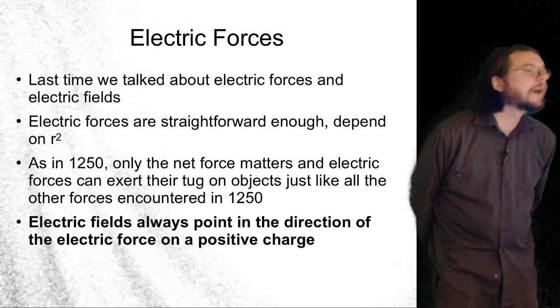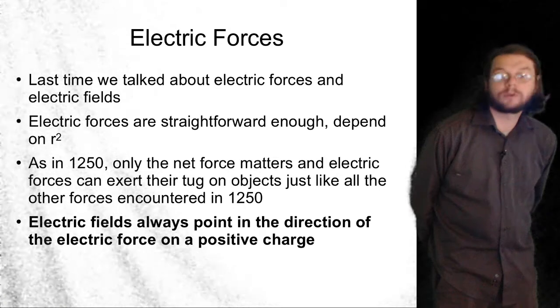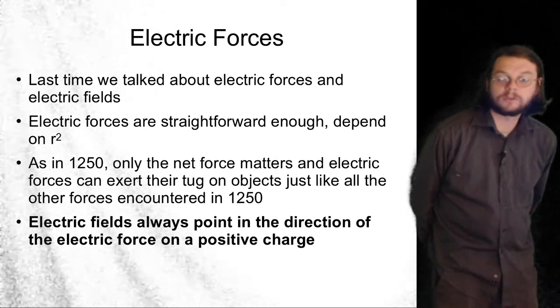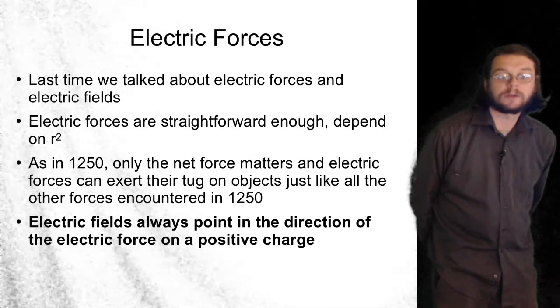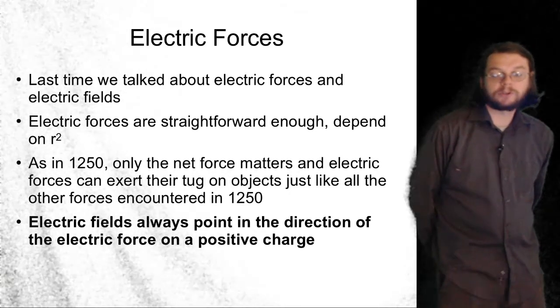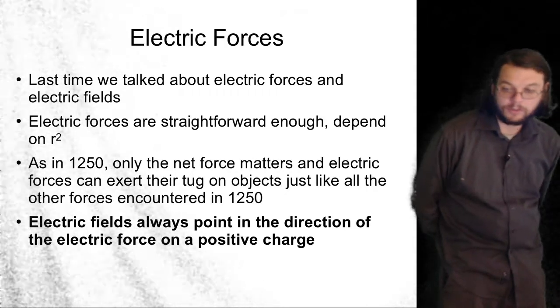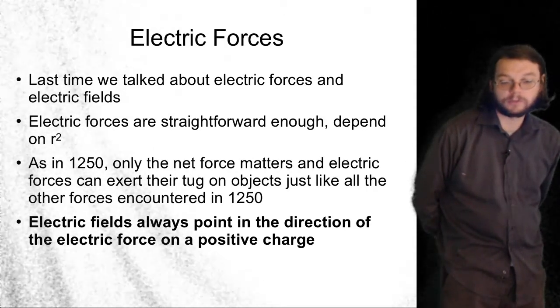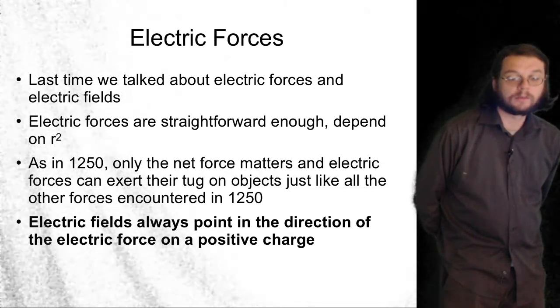And we talked about how the electric force is just another force. Gravity is a force, string tension is a force, friction is a force, etc. And so electric forces are just another force, and there's a whole class of problems where you can treat it like that, and the last worksheet was a perfectly good example.